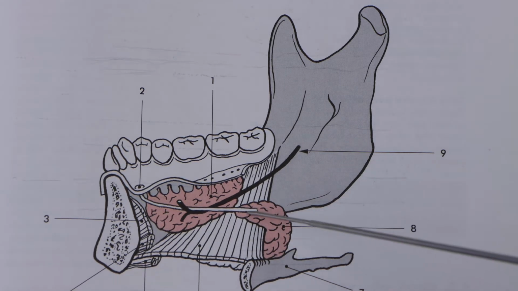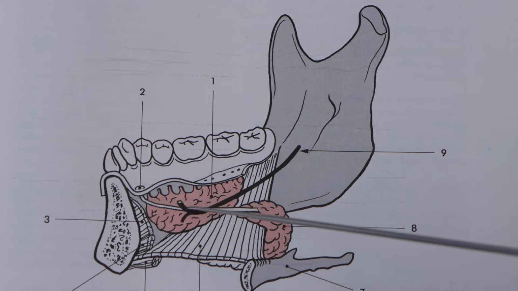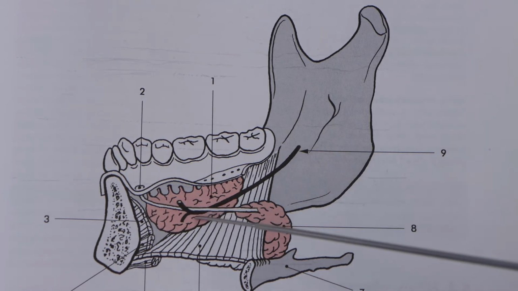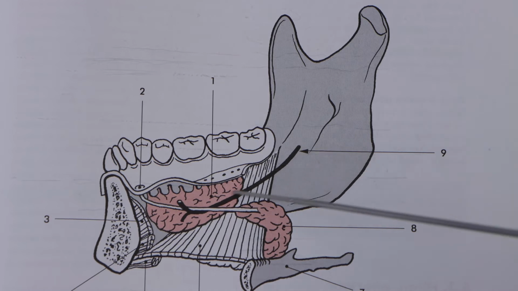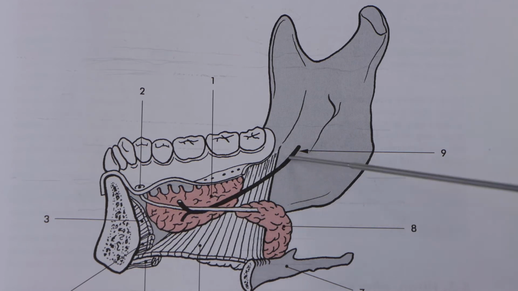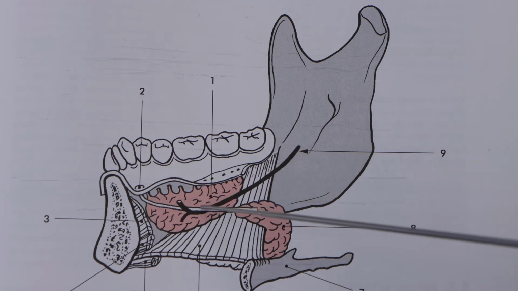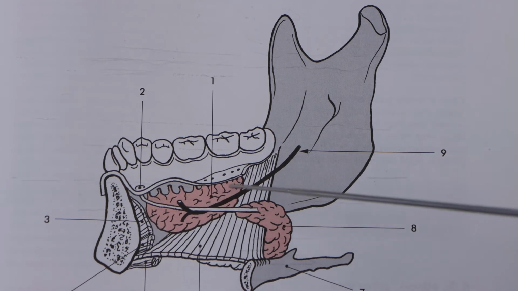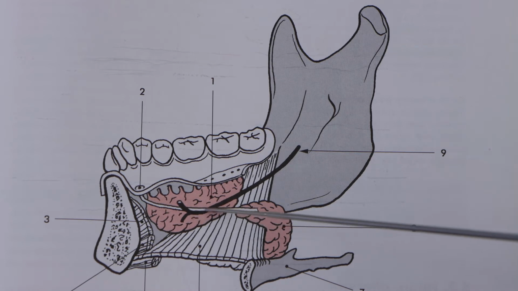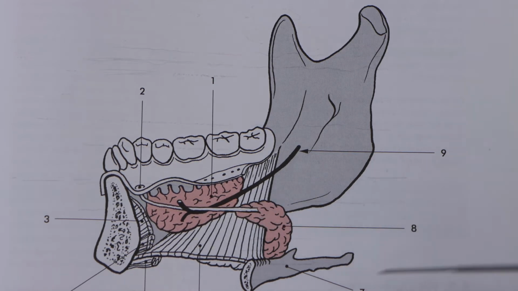Here, as I mentioned, it is very important for the surgeon when doing some surgery here: the relation of the submandibular duct in the sublingual space with this nerve, which is called the lingual nerve. The lingual nerve, as you see in the sublingual space or sublingual region, crosses the submandibular duct, and it goes under the submandibular duct.